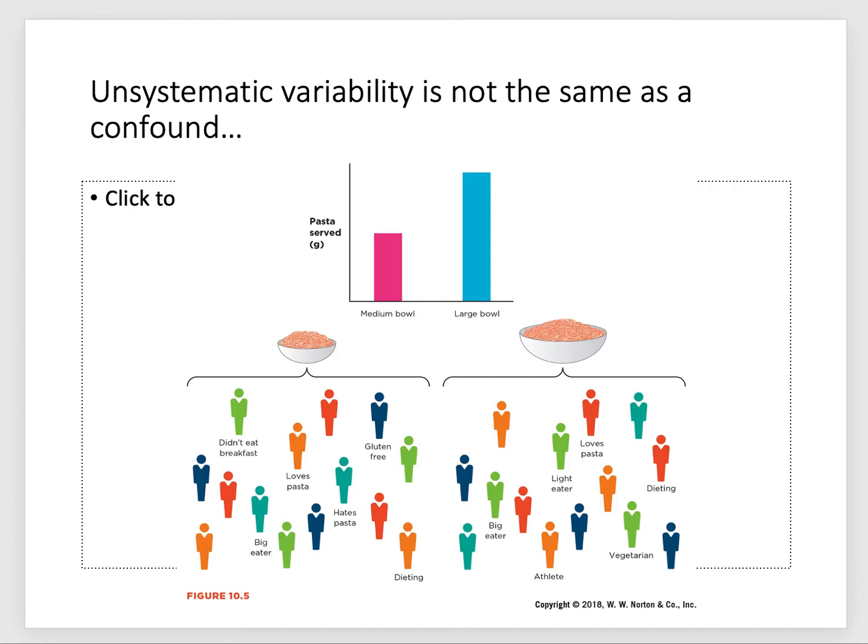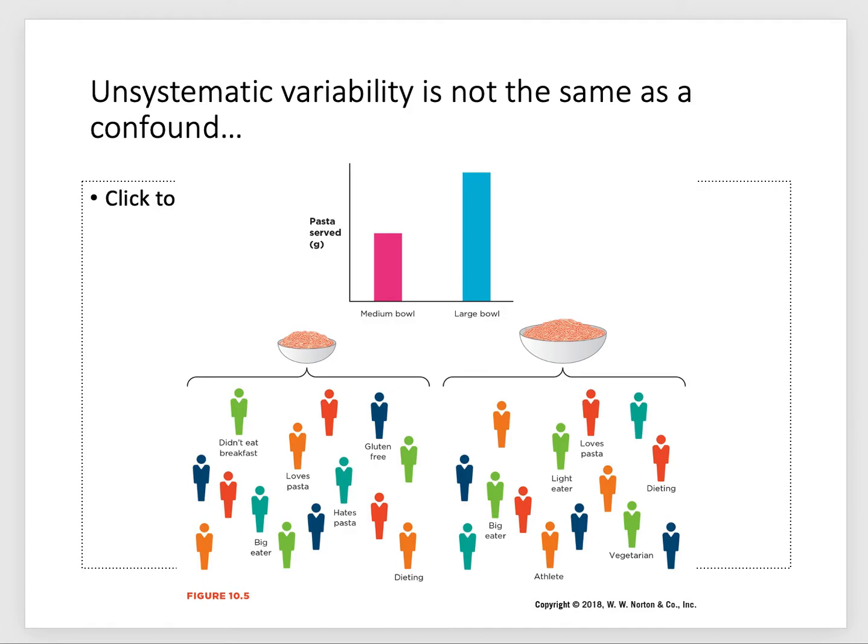Okay, I have a figure here that can hopefully help us to understand the difference between systematic variability and unsystematic variability. Okay, so unsystematic variability is not a problem. It's not the same thing as a confound, which is systematic variability that's problematic.